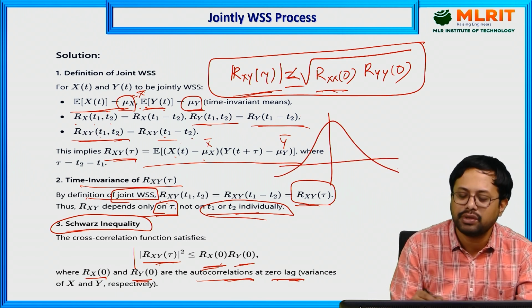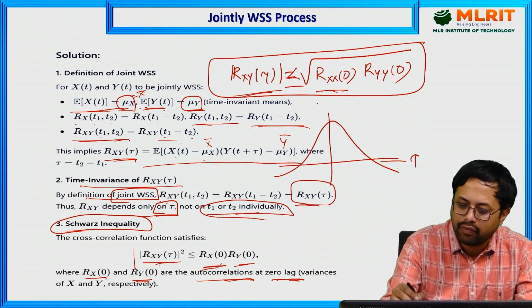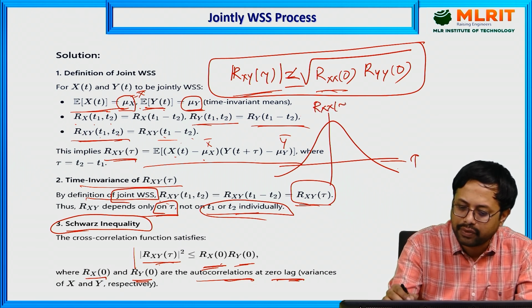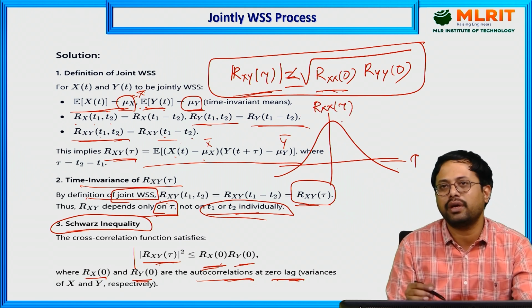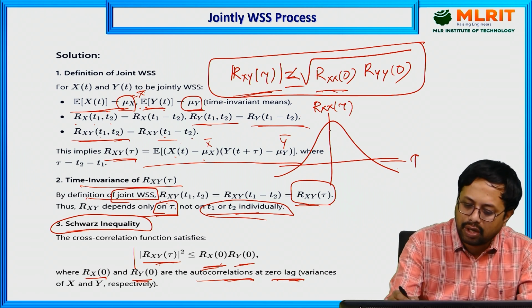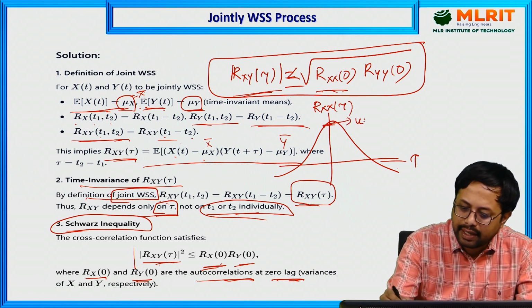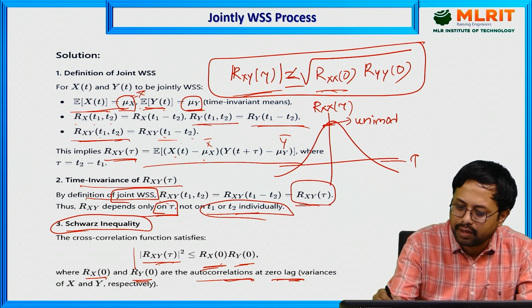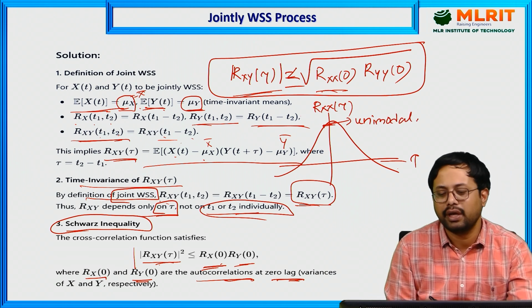If you take the x-axis as tau and the y-axis as Rxx of tau, the maximum value of the autocorrelation function is obtained at tau equal to 0, the unimodal peak.